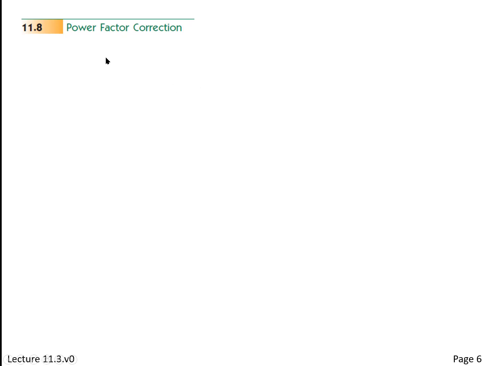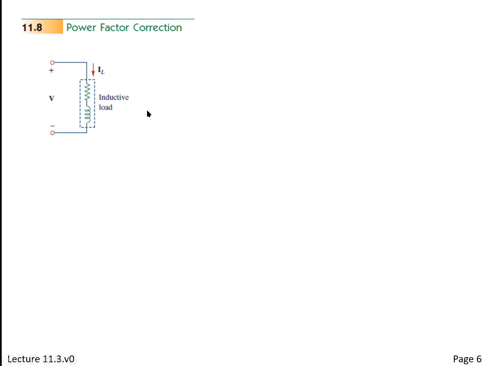We talked about power factor, and we said if the power factor is near 1, that's a good thing because you're delivering a lot of real power. If it's far from 1, you're losing a lot of power somewhere in transmission, in the load, whatever, and we don't like that. But it turns out there's ways to correct it because we have leading and lagging. We can change the sign on the reactive power.